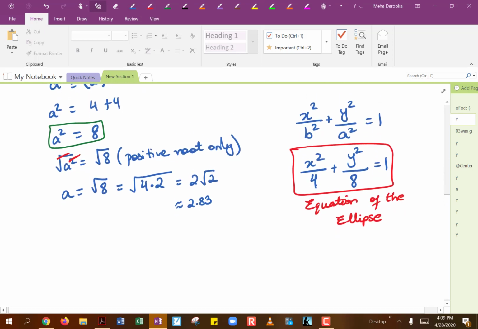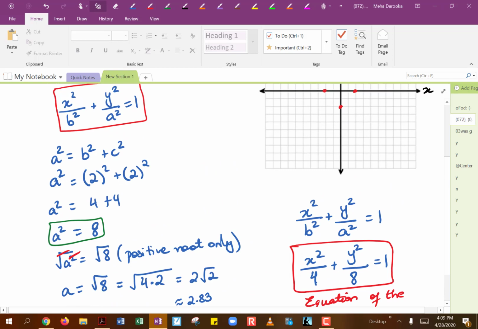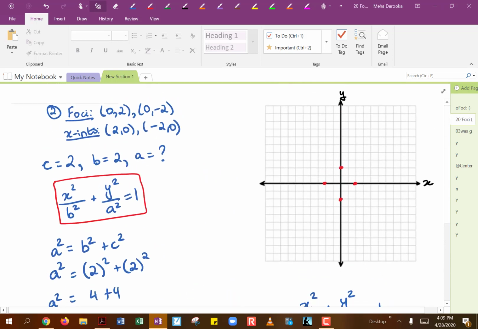And again, these a values will represent the vertices, or in this case, the y-intercepts of our ellipse, and they will end up becoming 0, 2 square root of 2, and 0, negative 2 square root of 2, so that's going to be positive 2.83 and negative 2.83.